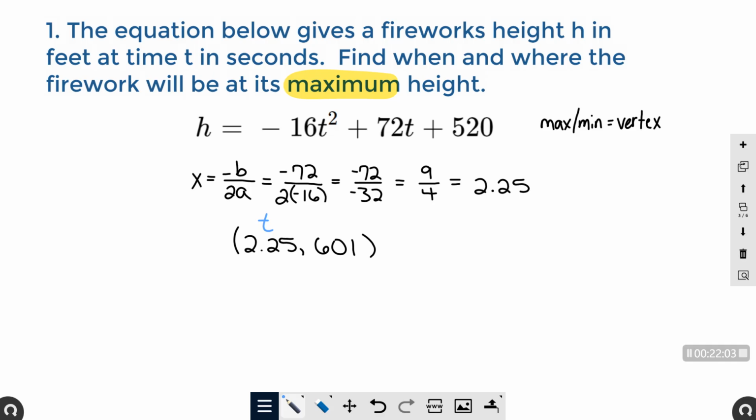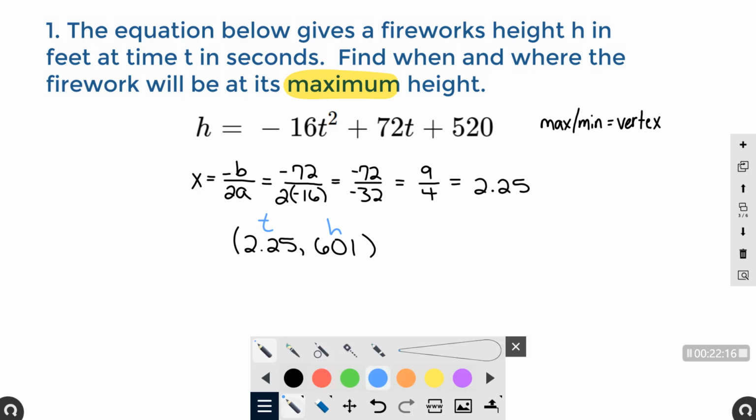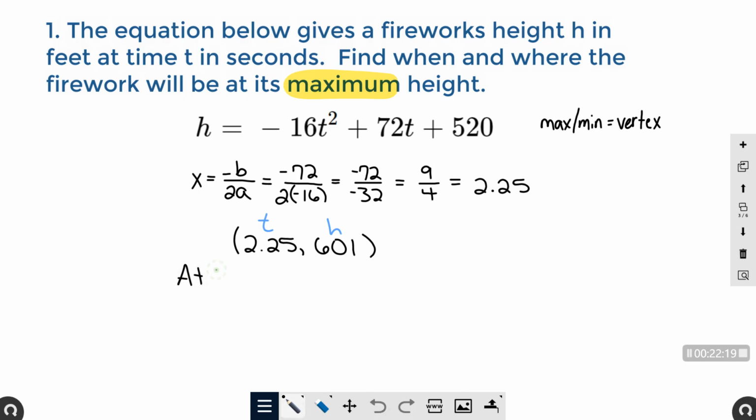So 2.25 is t, and then h is in the same place as y, so that's the 601. So what is t? What does it stand for? What does it tell us in the problem? Time. So we could say at 2.25 seconds.